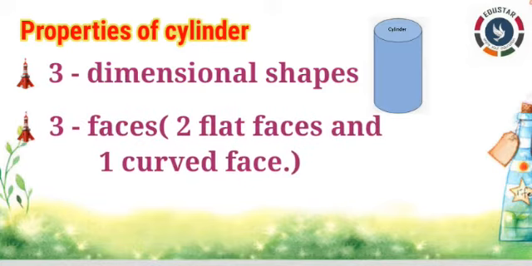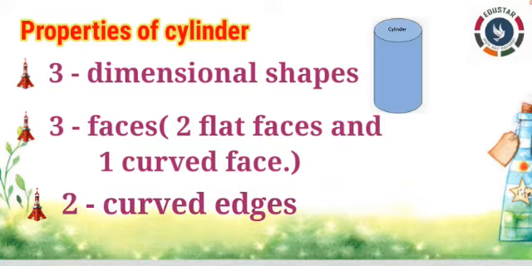There are 2 flat faces and 1 curved face. How many edges does it have? Already we know that an edge is where 2 faces meet. So, a cylinder has two curved edges.